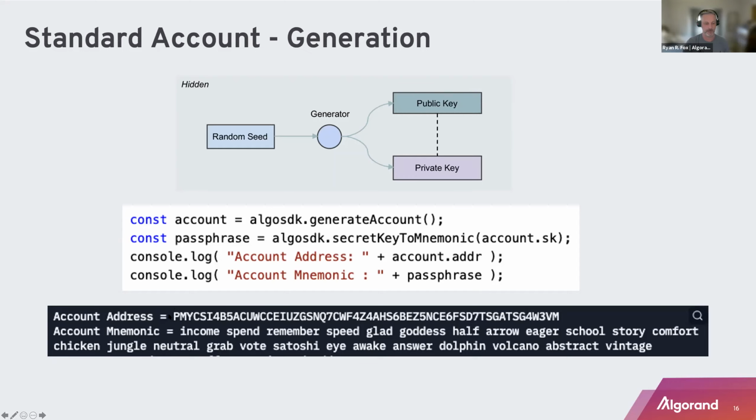So the address is this long string of capital letters and numbers here, and that again is the public key. That's what you can share externally, and then your private key is represented by this mnemonic, a series of 25 words in this particular order. The first 24 words, there's a lot of math behind it.